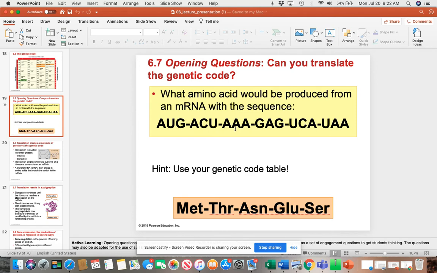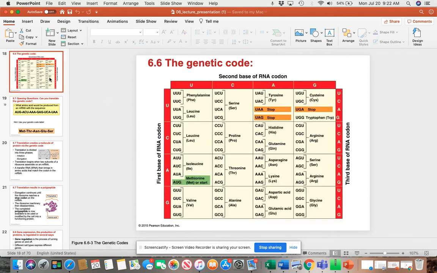What about AAA? We use the decoder. A, first base, second base A, and there's your AAA, which represents lysine, the amino acid.